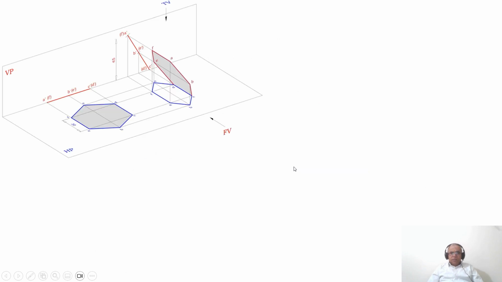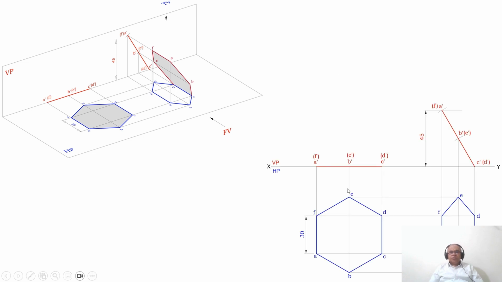Now, how to draw it in orthographic view? From the XY line, you measure 45 mm and draw a horizontal line. You take any convenient distance between this point and this point, and mark those points as C dash and D dash.